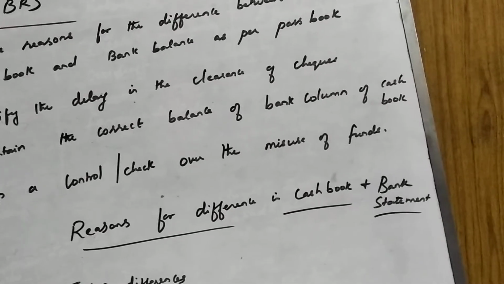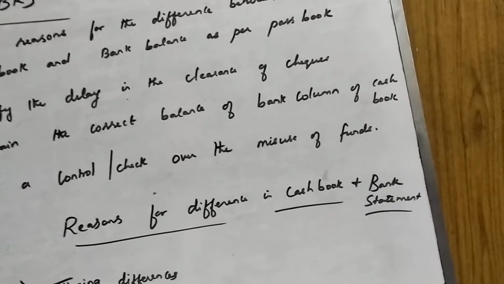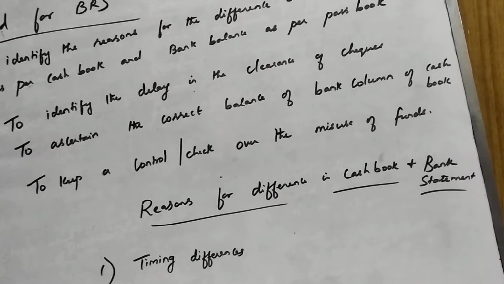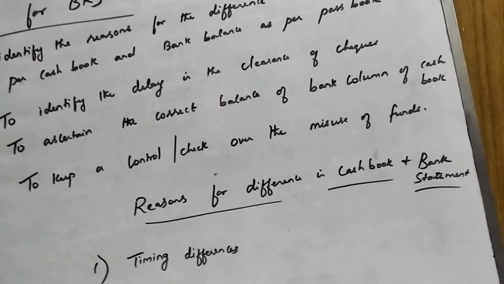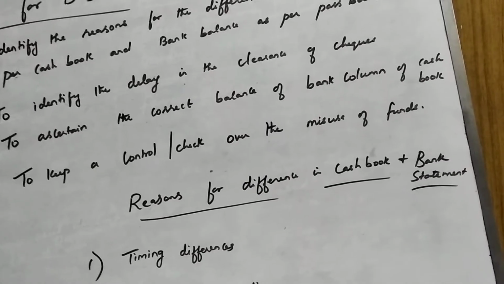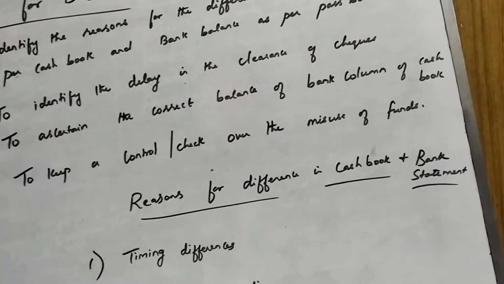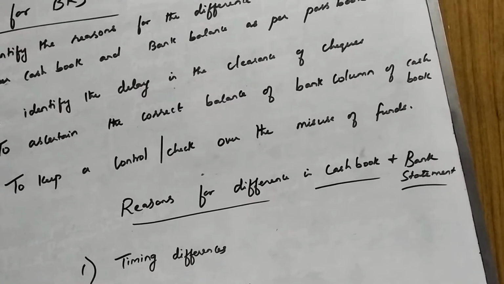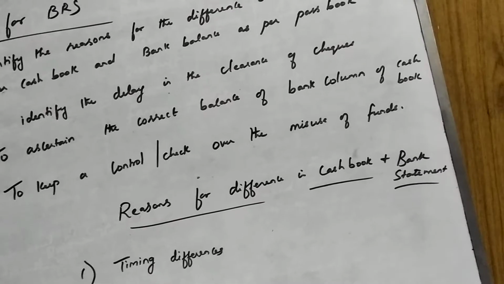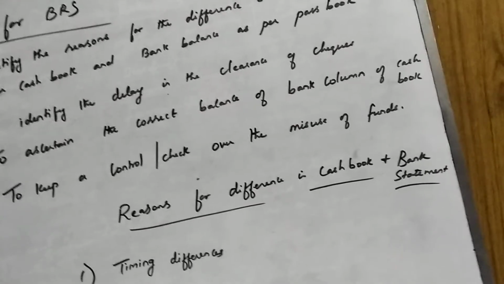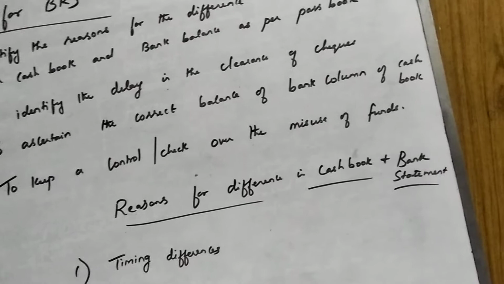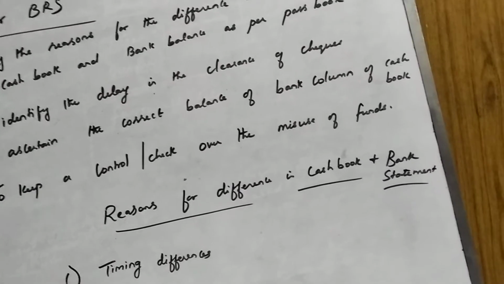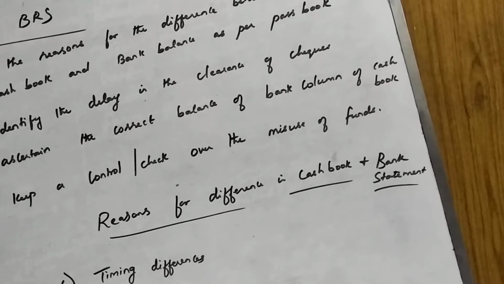Then interest and dividends collected by the bank. As I told you earlier regarding the collections and standing instructions, you have asked your banker to collect the interest and dividend on your behalf, and it will automatically be credited to your account. It will be added to your account. You may not know exactly on which date the banker has collected the interest or dividend and credited it to your account.